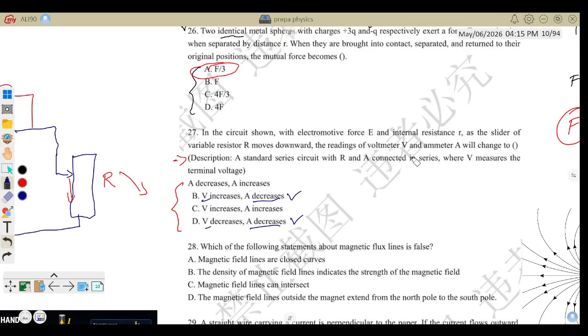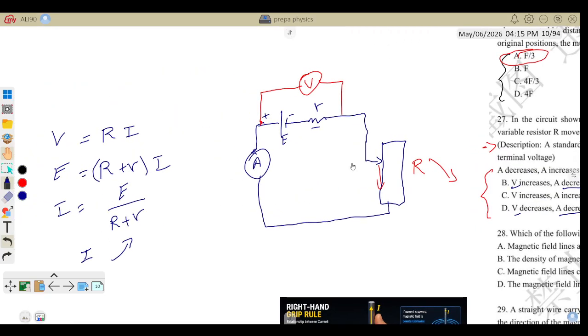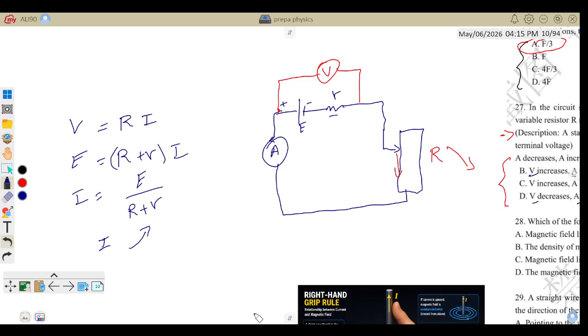V is the reading of the voltmeter, and this is the potential at the terminals of the battery.